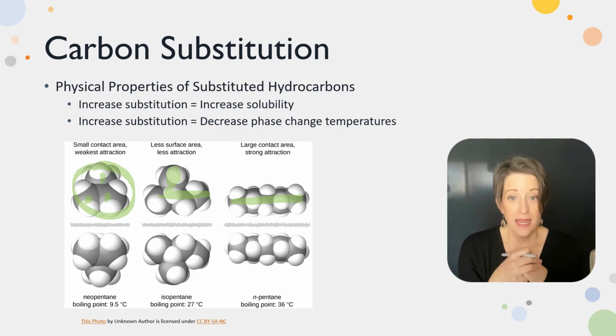Then looking at phase change. Remember, phase change is the transition between a solid and a liquid, so melting point, or liquid and a gas, the boiling point. As we increase substitution, we're going to decrease the phase change, or melting and boiling point temperatures.